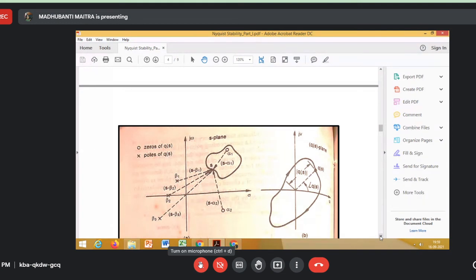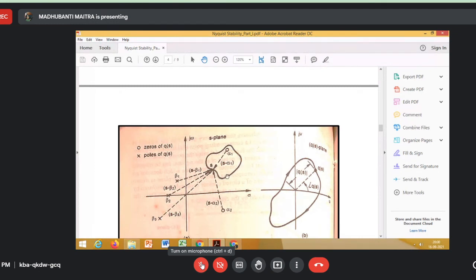Is it absolutely clear? You see, here we are moving in the clockwise direction, right? The phasor is rotating in a clockwise direction.